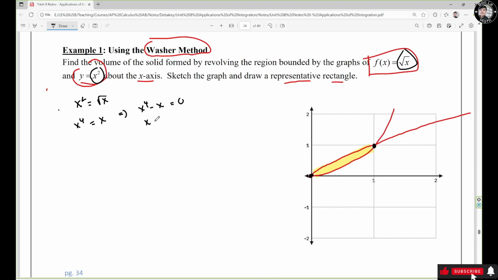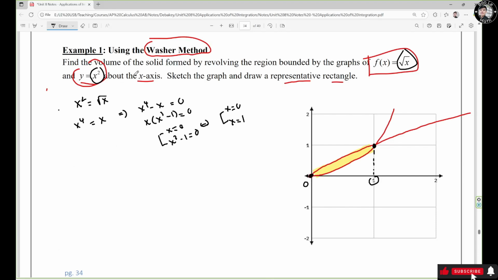Factor x out, so it's gonna be x times x cubed minus 1 equals 0, right? So then x equals 0 and x to the power 3 minus 1 equals 0, right? Then you have x equals 0 and x equals 1, right? That's why you have this guy right here, 1 and 0 right here, right?